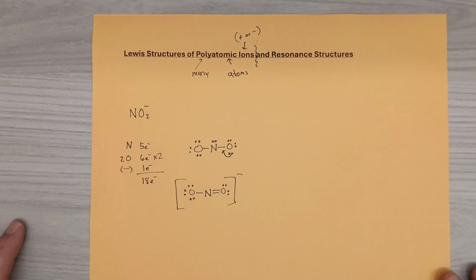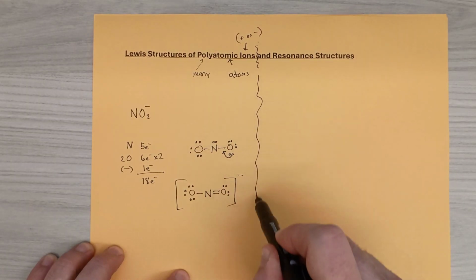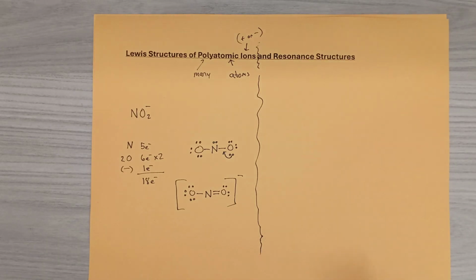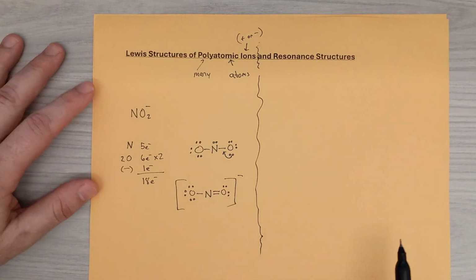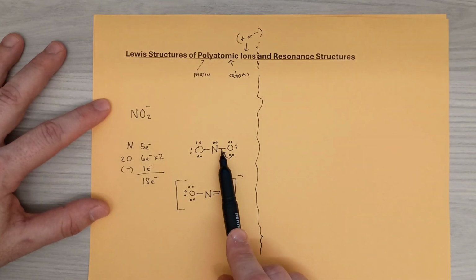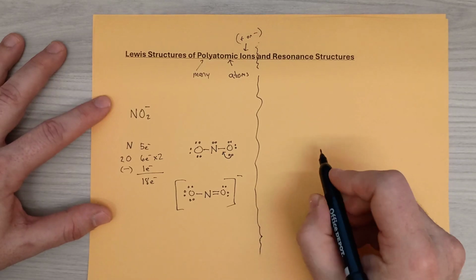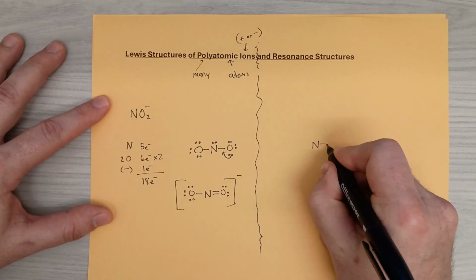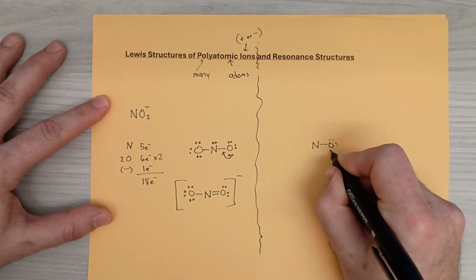Okay, why did I want to talk about resonance structures here at the same time? Well, here's why. When we were drawing this, we decided to move this lone pair of electrons in there. But could we not equally, in that situation, have made a different choice?